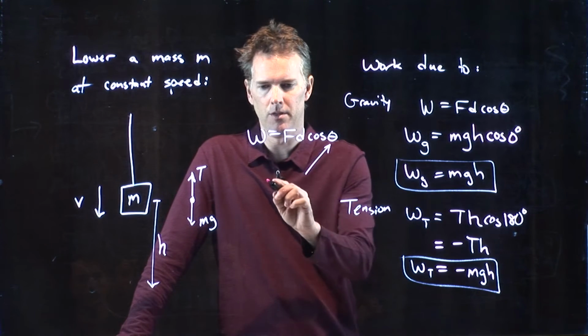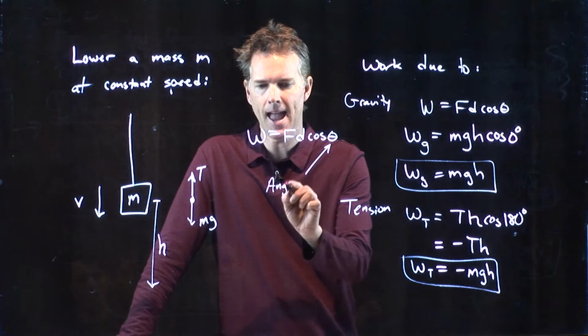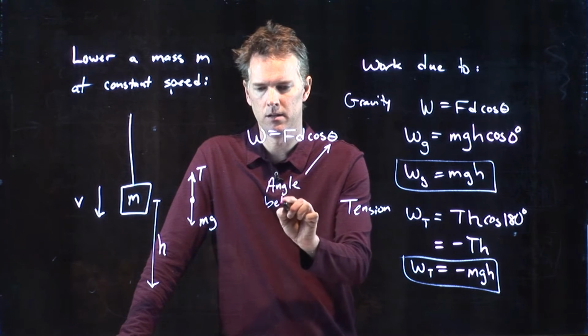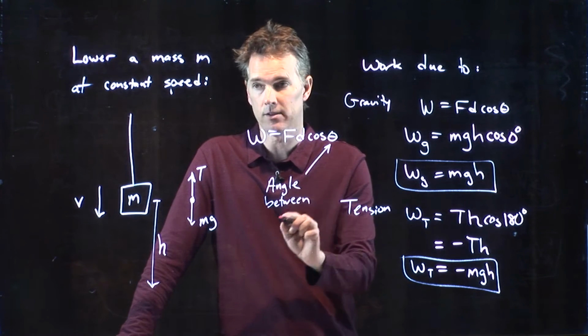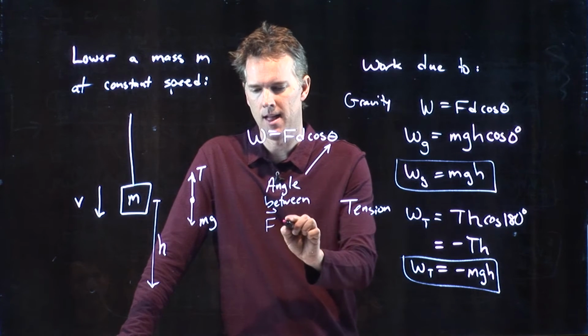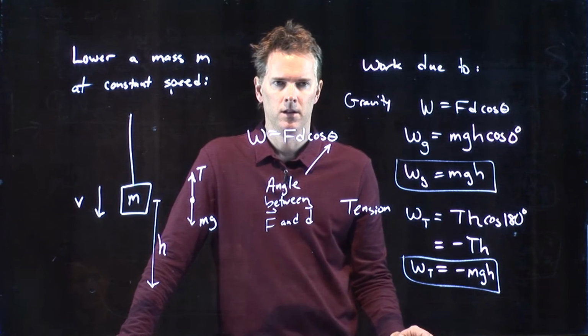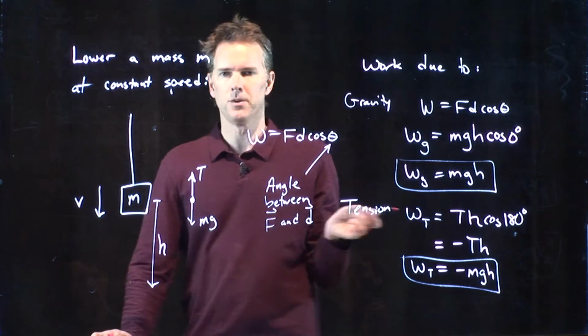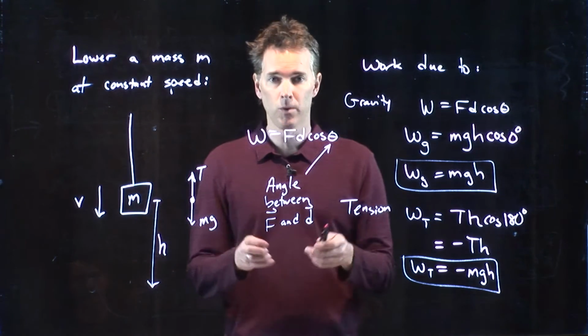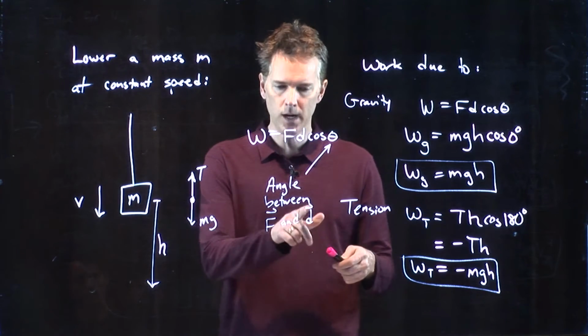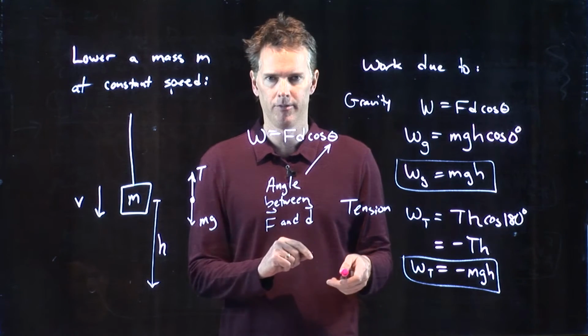And remember, this theta is the angle between two vectors, the force and the displacement d. So in some sense, it doesn't matter what direction you're moving in. It's really the relative direction between d and F.